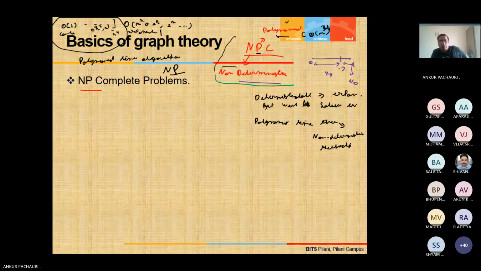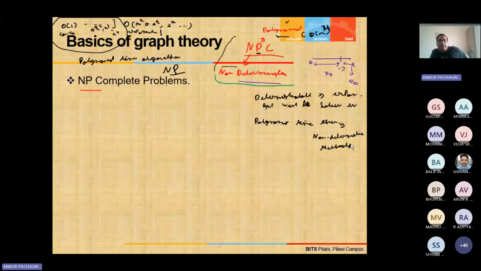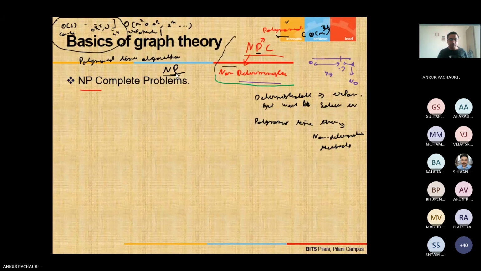Means stochastically, or randomly, I can solve a problem in polynomial time. But if I want to go for a deterministic method, then it will be exponential. So those types of problems are called NP, non-deterministic polynomial. NPC means non-deterministic polynomial time complete problem.